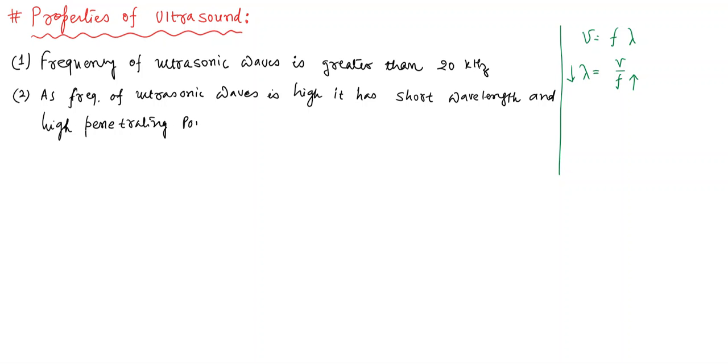Penetrating power means the ability to enter deep inside a substance. For example, X-rays have high penetrating power, so they give us the image. We take an X-ray of bones because X-rays can penetrate through skin and muscle. Because X-rays are short wavelength waves. As frequency is more, lambda is short, and short wavelength can penetrate more through the material. So it has high penetrating power.